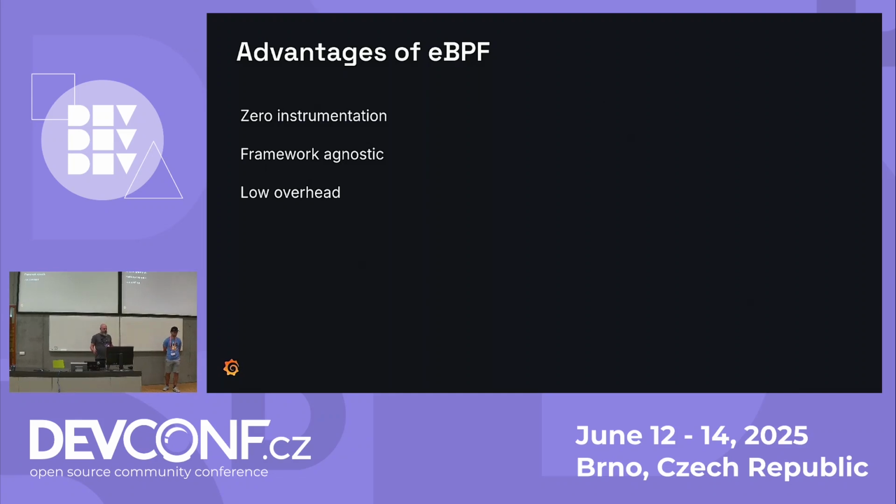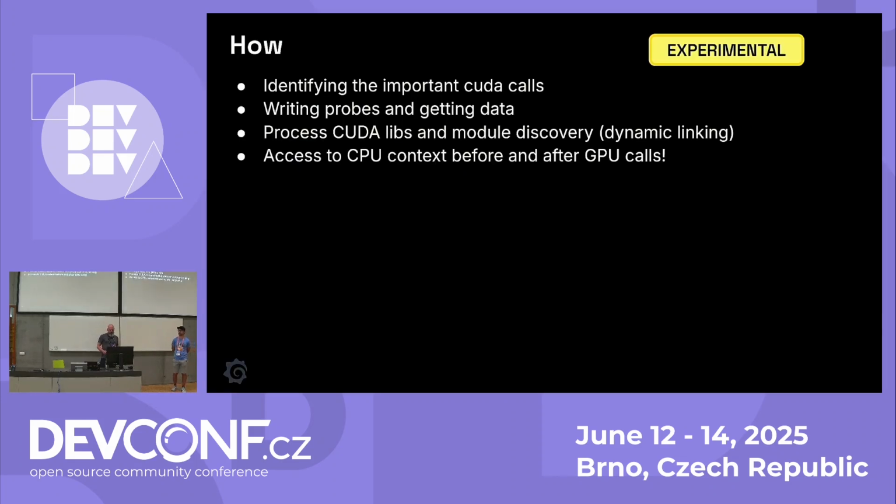That means that it doesn't matter if you are using PyTorch or whatever meta thing. It is capable to instrument all the CUDA operations or some of the CUDA operations for you. And since it's eBPF, it has a low overhead. It's fast, and it doesn't compromise any of the performance of your CUDA processes.